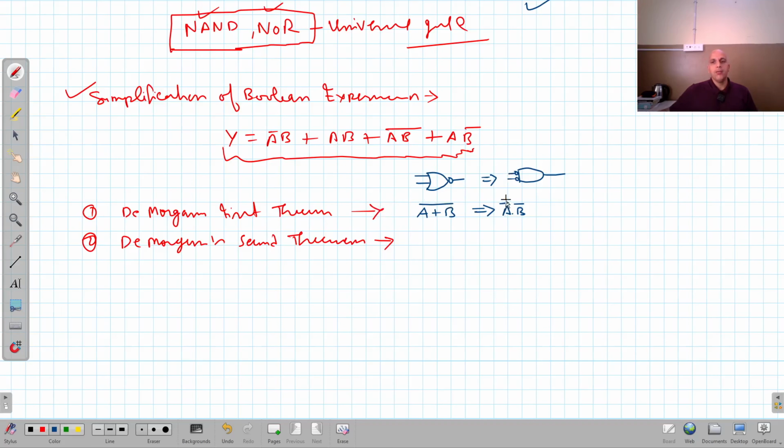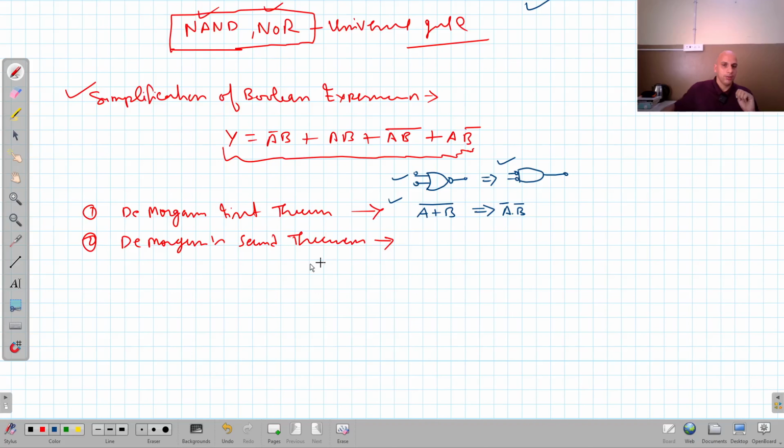So according to De Morgan's first theorem, NOR gate is equal to bubbled AND gate. You can explain it with the help of truth tables, right? So this is De Morgan's first theorem. We have to remember the statement as well as the equivalence of these two logic circuits.